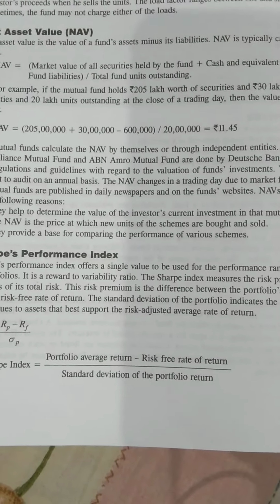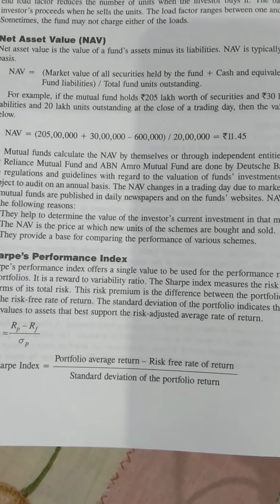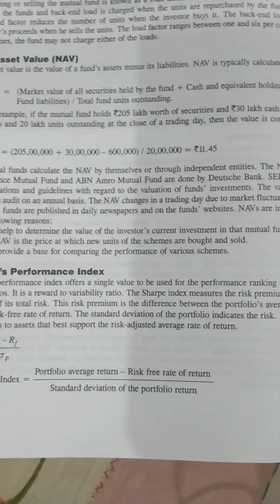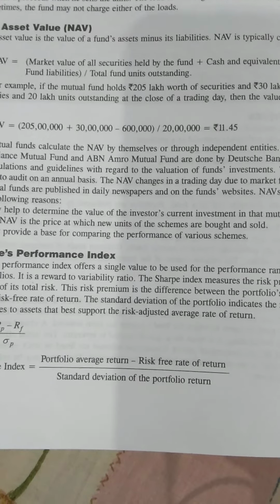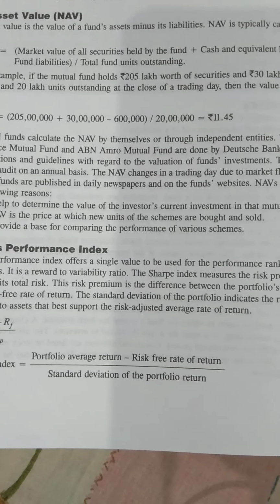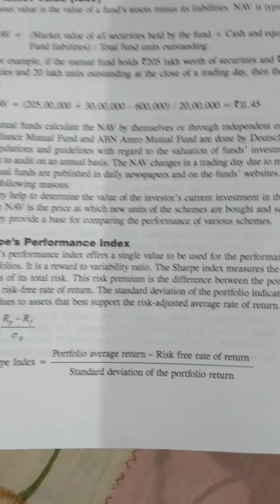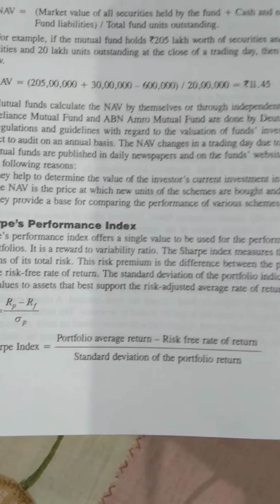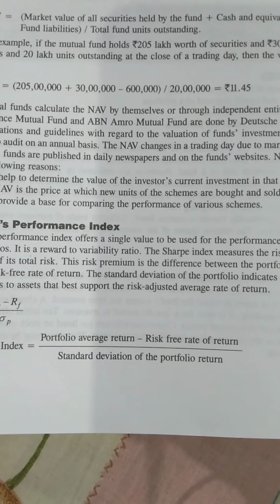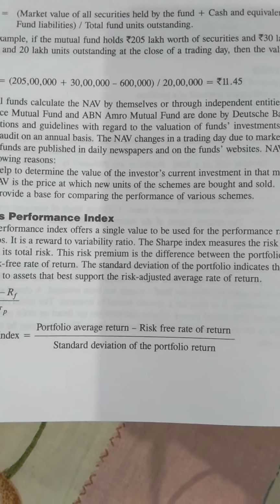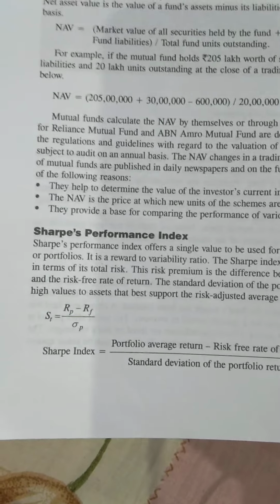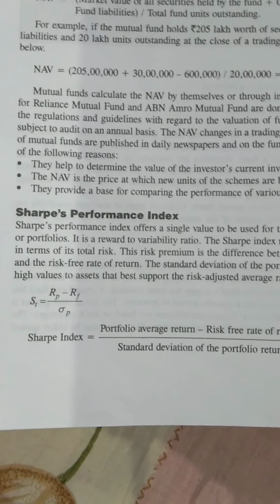Now, as I have told you earlier, the return from mutual funds should not be calculated by the return alone. It should be risk adjusted return. There are so many measures, but for the BCom students and for the general students, we must calculate the Sharpe performance index.